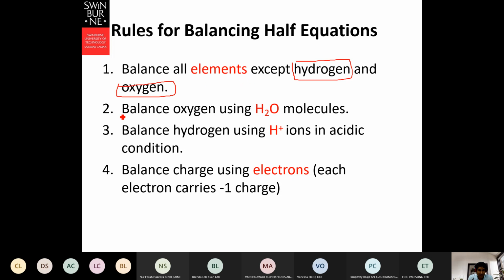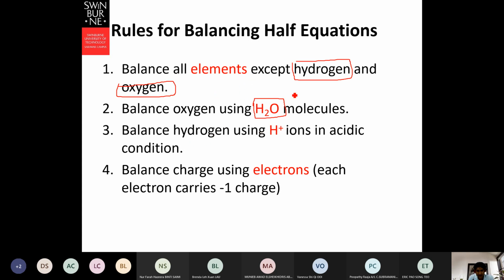And if there is oxygen in the molecule, we will add H2O, that means water molecules, to balance out this oxygen. And then we will balance hydrogen using hydrogen ion in the acidic condition.